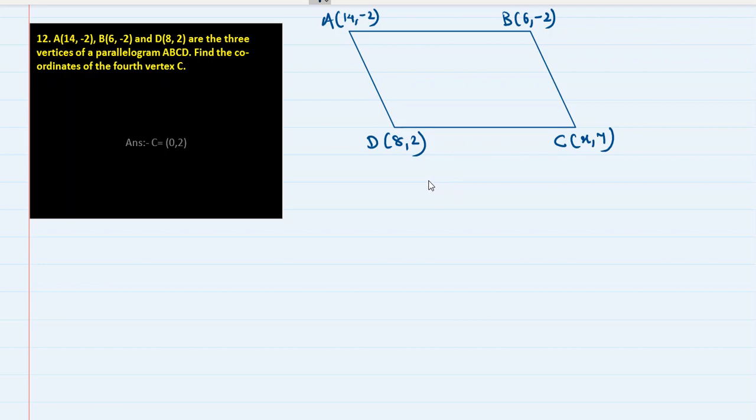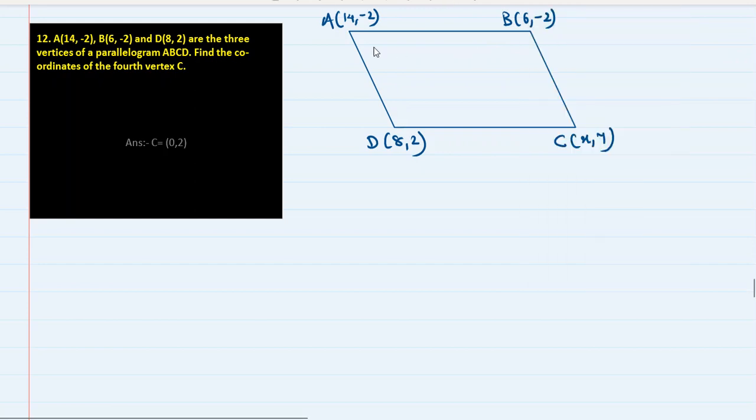This is an interesting question. In this pattern, you can get a question based on a rhombus, rectangle, or square also. But since we know the properties of these quadrilaterals, it's easy to find the answers to these questions. I'm thinking that we can find the answer to this question, but for that we need to do some construction.